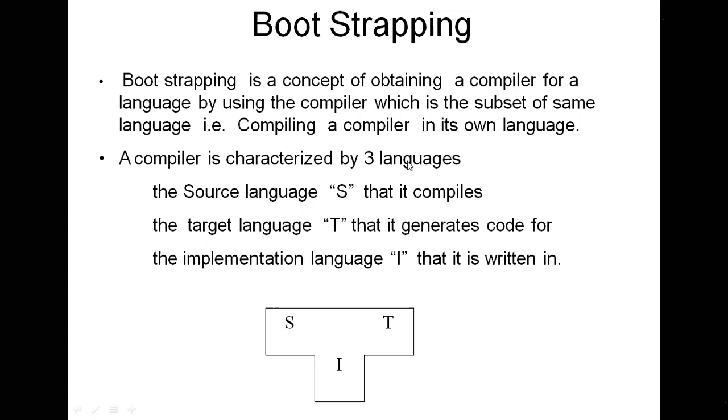This bootstrapping is a process in which a simple language is used to translate a more complicated program, which in turn may handle far more complicated programs. That is the meaning of compiling a compiler in its own language.